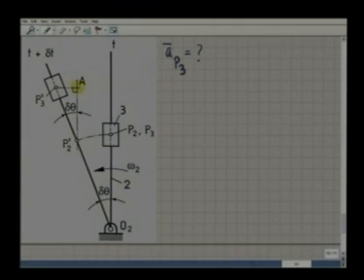And let us calculate what that is. As we see, this distance, during this time delta t, the rotation of this rod number 2 is delta theta, and this distance P2 prime to P3 prime is the movement of the block 3 along the rod, which is the velocity with which it is moving on the rod, which is Vp32 into delta t. During time delta t, it is moving with the velocity Vp32.